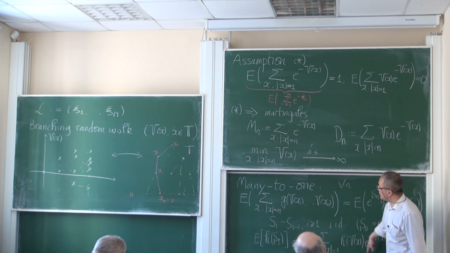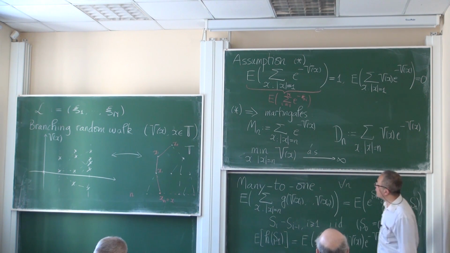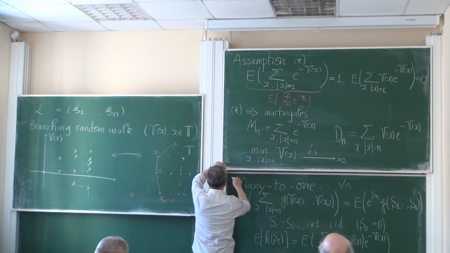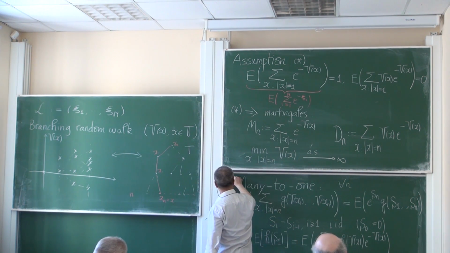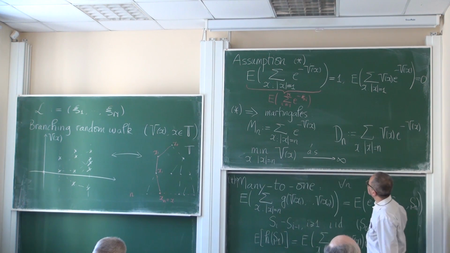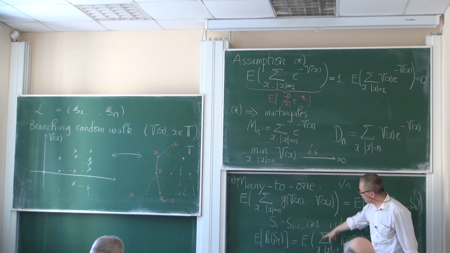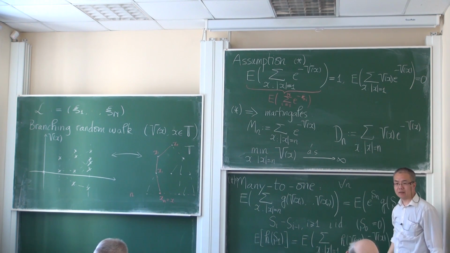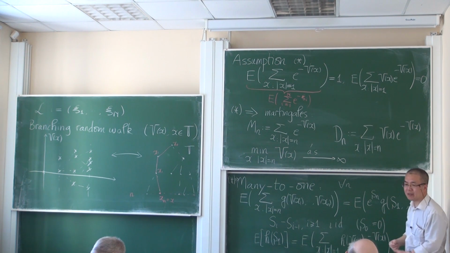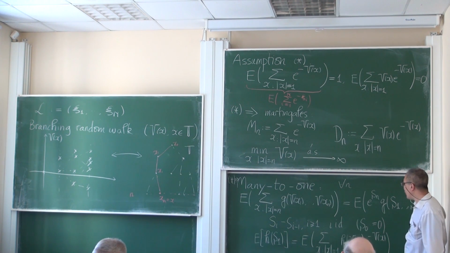So actually, the many-to-one formula itself, I always assumed, I forgot to say this, I always work under the assumption capital star, the assumption star. So if I only care about the formula itself, I only need the first part of the assumption. That's all I need.